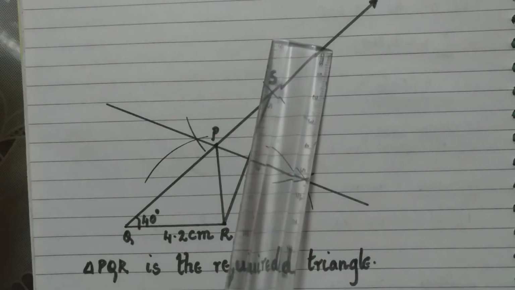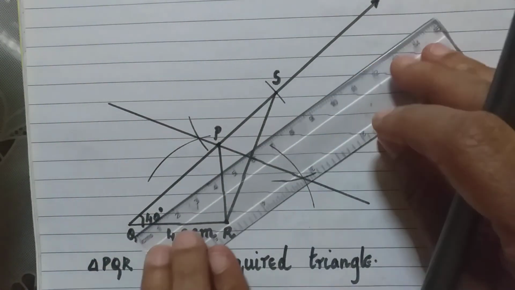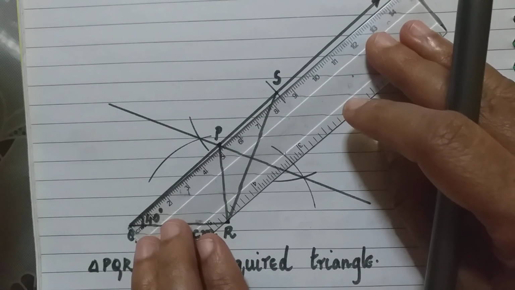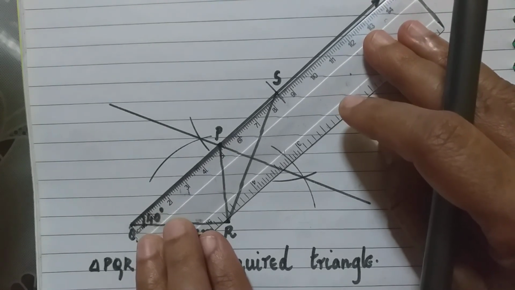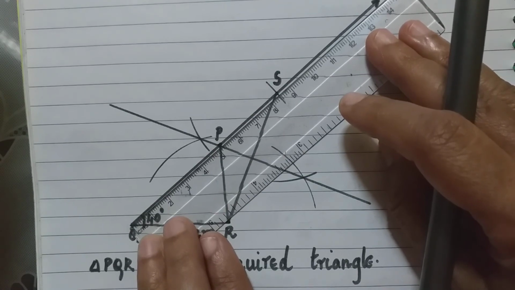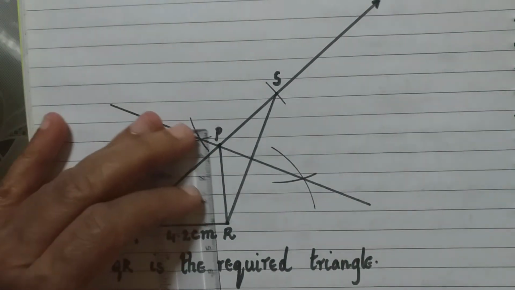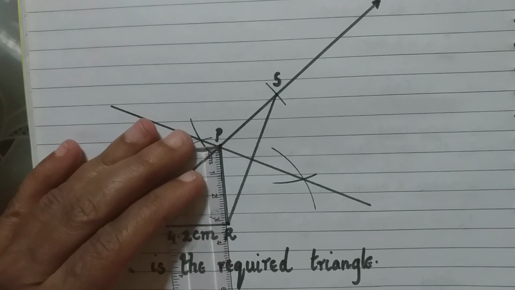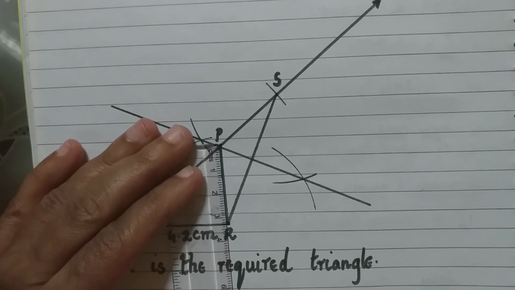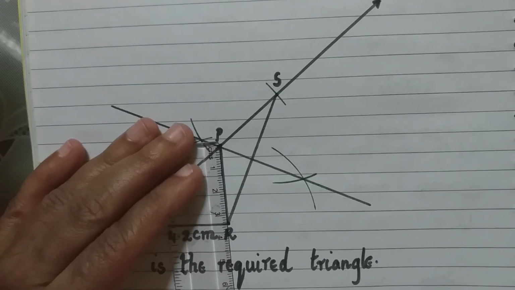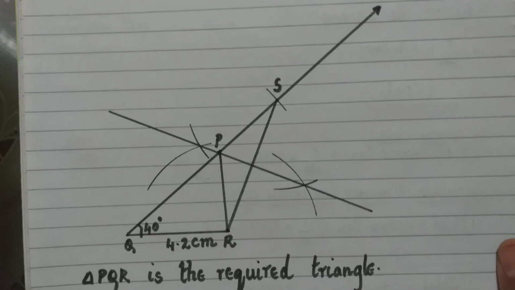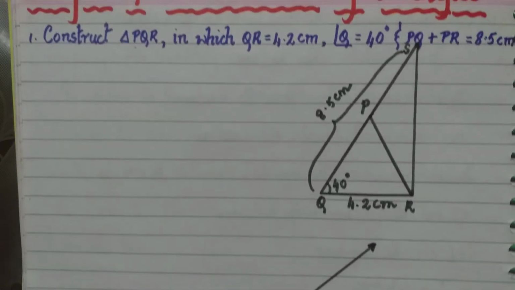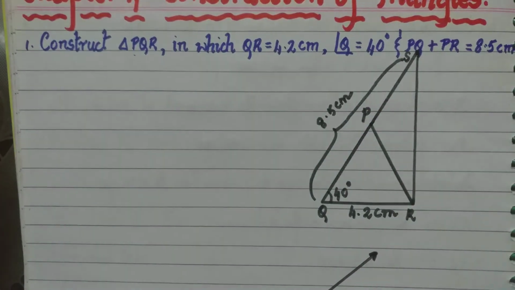So we take the scale and see the measurement. How much is PQ? Okay, so we see that PQ is 5 centimeter. Then we look at PR. We see that PR is 3.5 centimeter. So 5 plus 3.5 centimeter is 8.5 centimeter, and that was what we had to do.